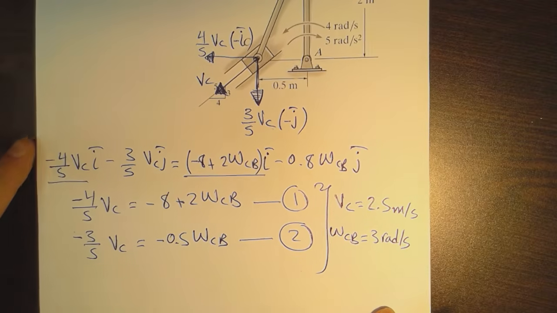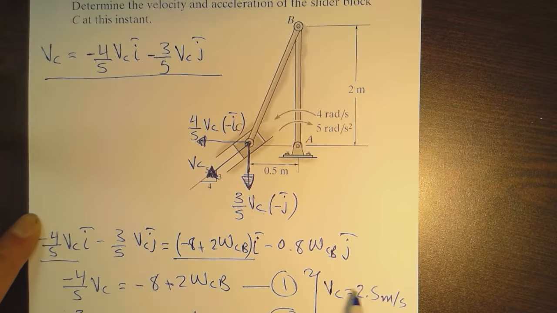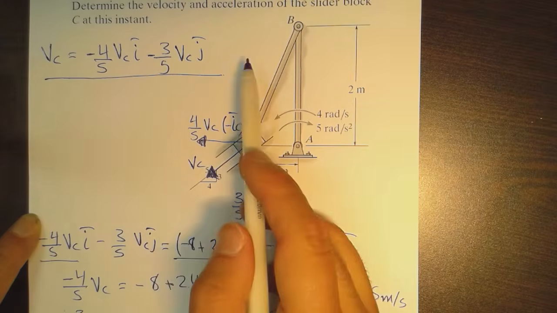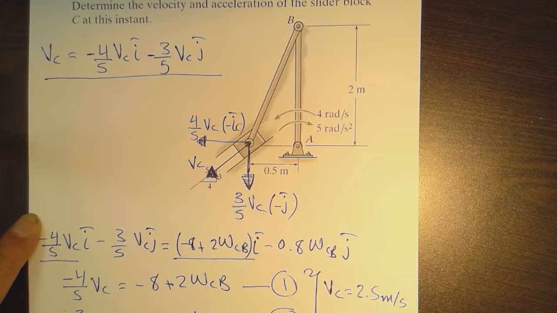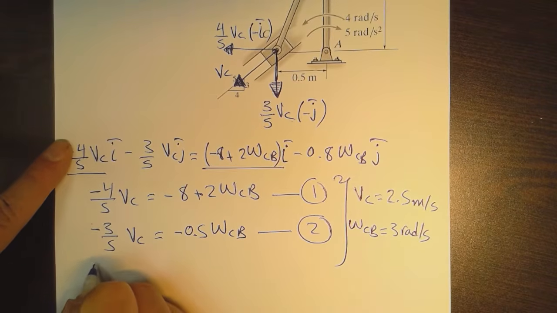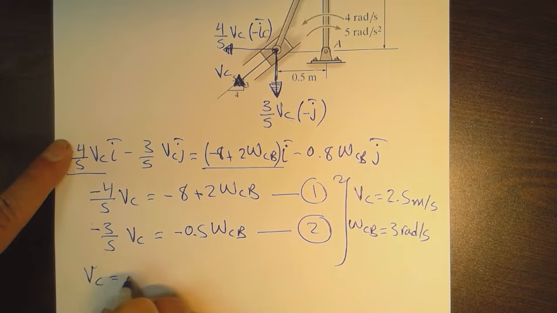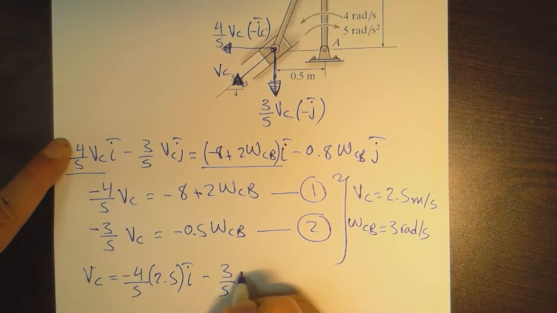In vector form, we can take these values and substitute them in the original description of the slider, because it has two components. In this way, we say that VC is equal to minus 4 over 5, 2.5 i minus 3 over 5, 2.5 j.